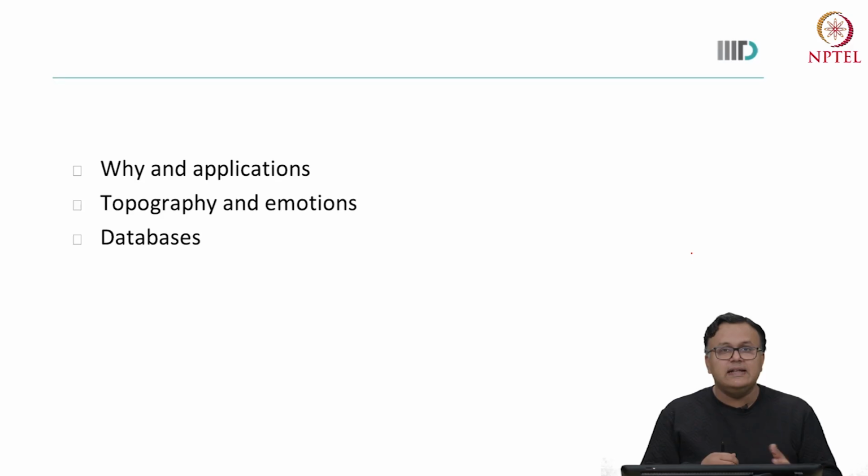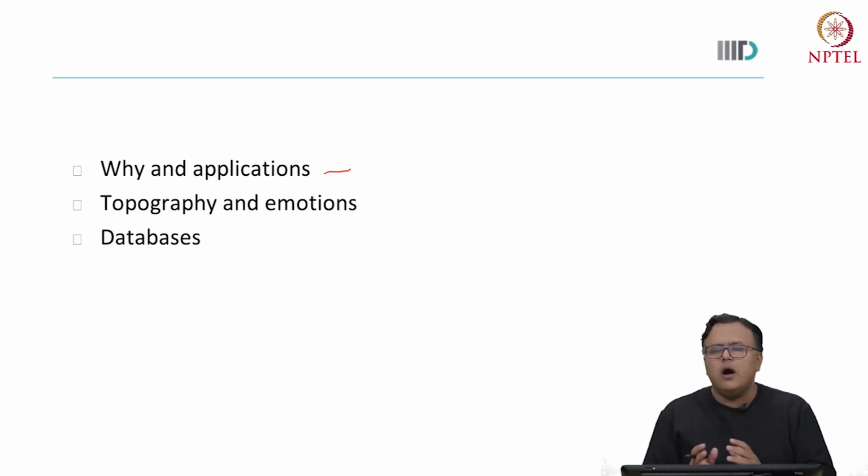So moving forward, in this lecture, first we are going to talk about why text is important as a modality for understanding the affect of a user. Then we are going to look at some of the applications. From this, we will go a bit back in time.